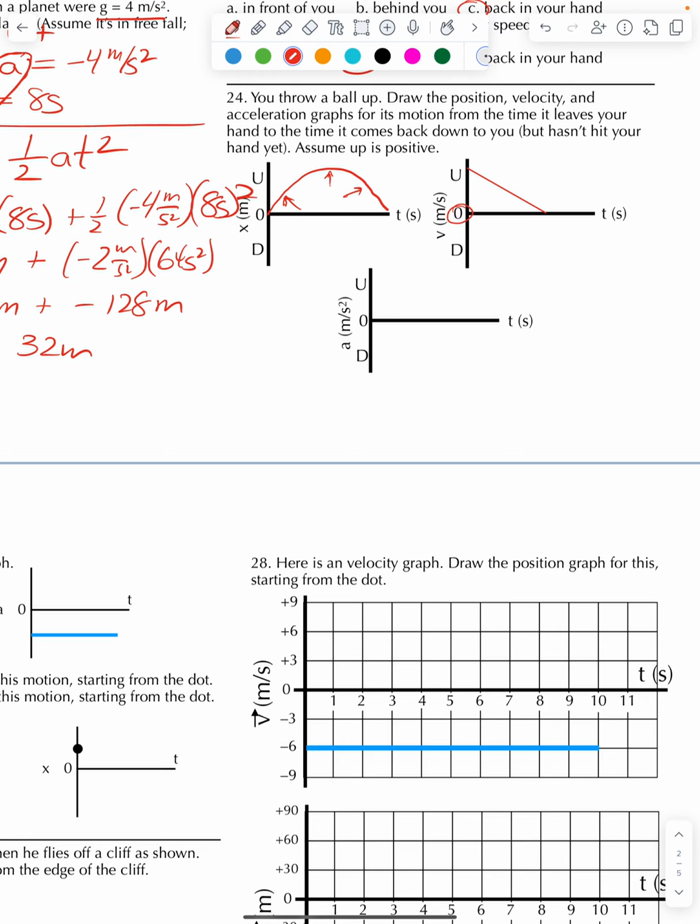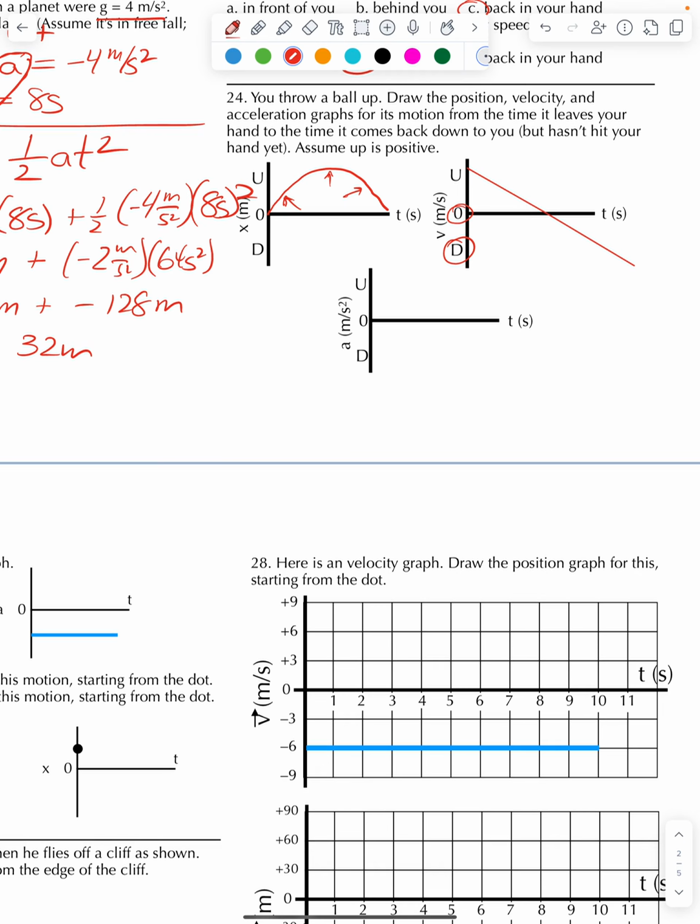But now, once it's reached its apex, it's going to be heading downwards. So we need to have a downward velocity, but speeding up. And again, we'll assume it's not constant velocity, but a constant acceleration. So something like that. Convince yourself that that's a ball being thrown up, then coming back down.